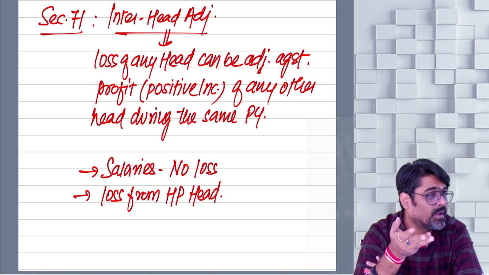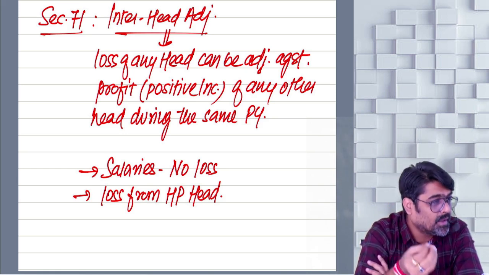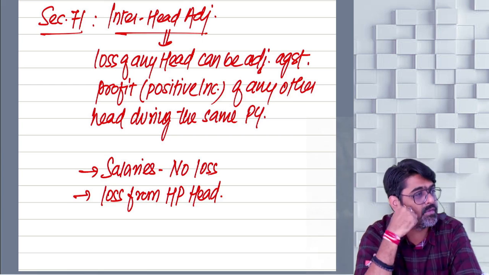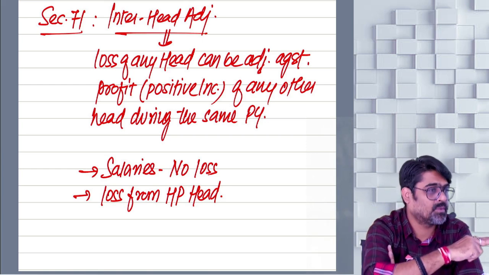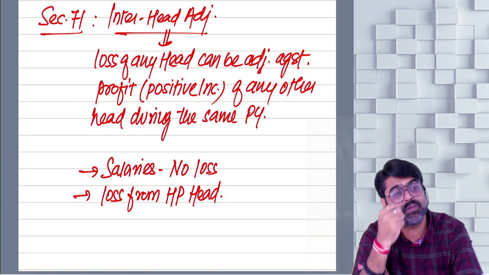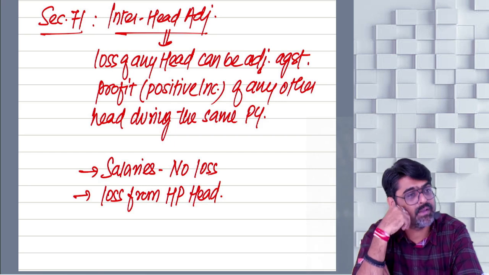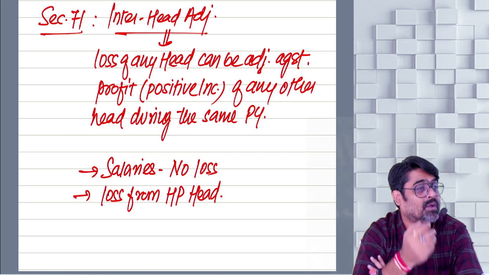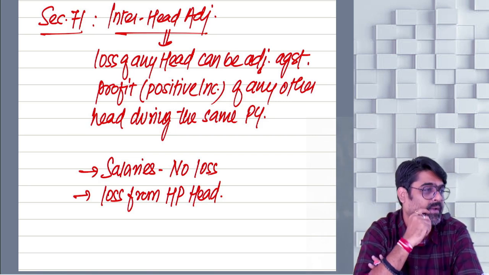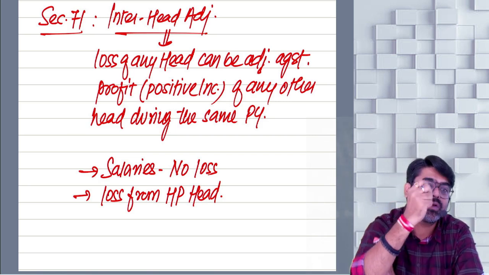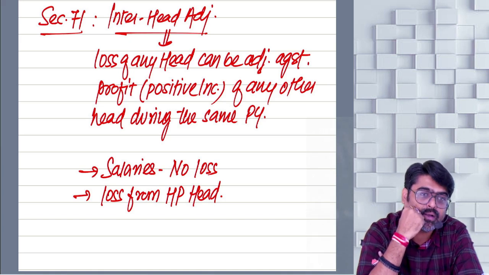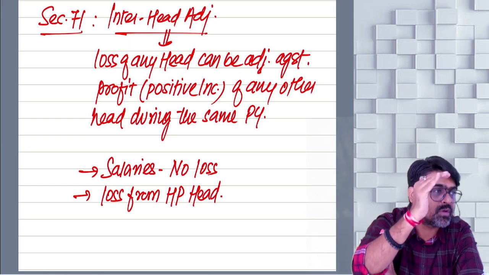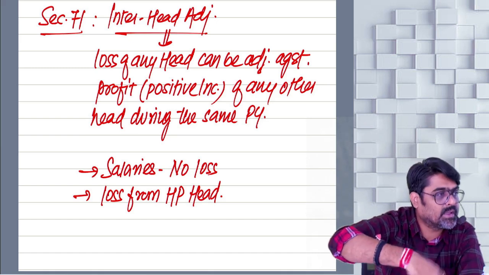But that LOP is having only 80,000 of income, and the loss of these two properties is 2 lakhs. So can you set off the loss in the head? Yes, but only to the extent of 80,000. 1,20,000 will still remain. So that 1,20,000 will be loss of the head house property. So can you have a house property head loss? Yes. The loss of house property head cannot be set off within the head.